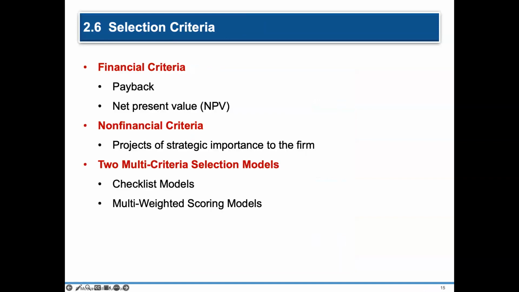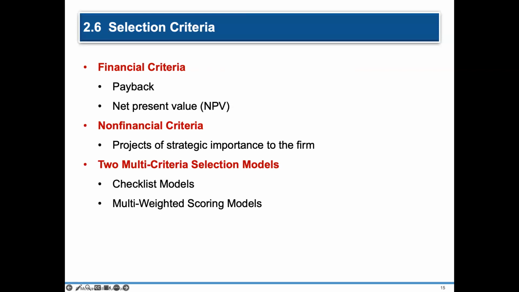So when we select projects, there's actually 2 areas in which project managers need to look at: the financial aspect or the financial criteria and the non-financial criteria.